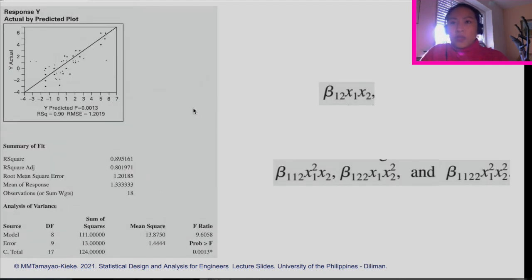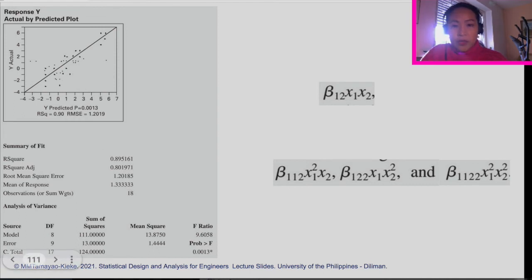Now, this is the output for the second order model with the additional higher order terms. So if these three were added to the second order model, you will see that the R squared and the adjusted R squared are significantly increased. And the actual versus the predicted values of the response variable fit better, okay?